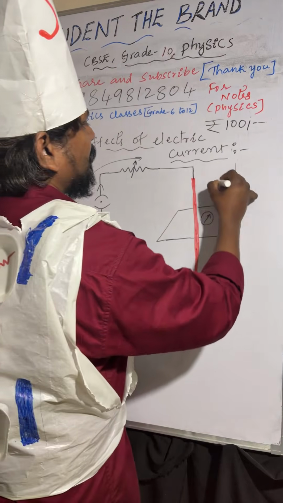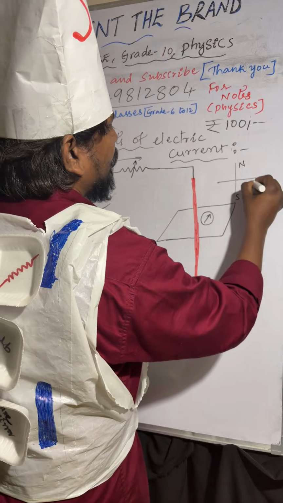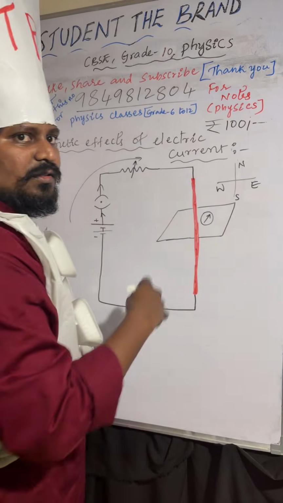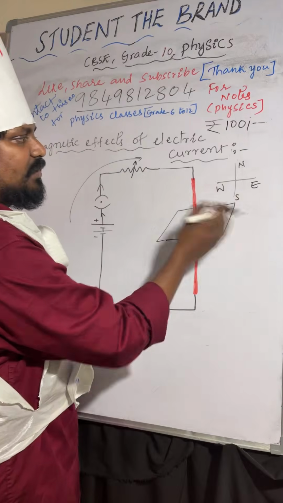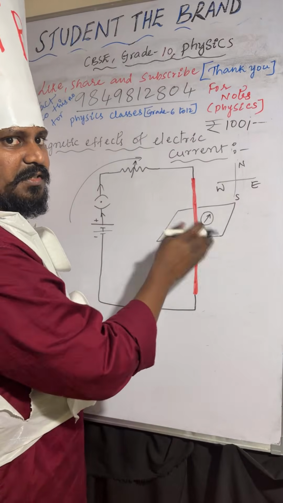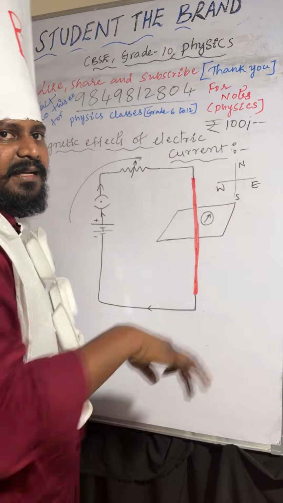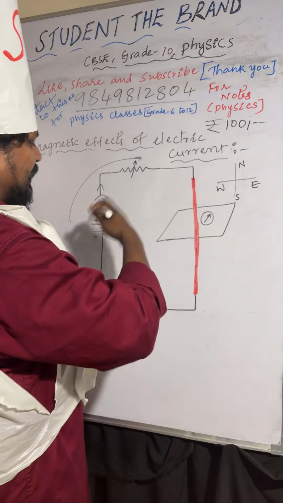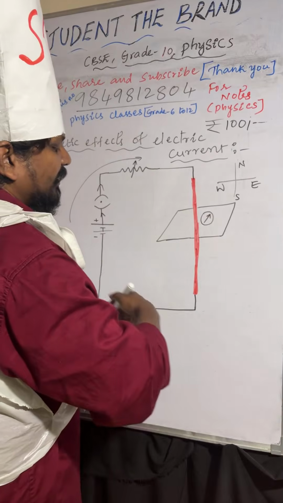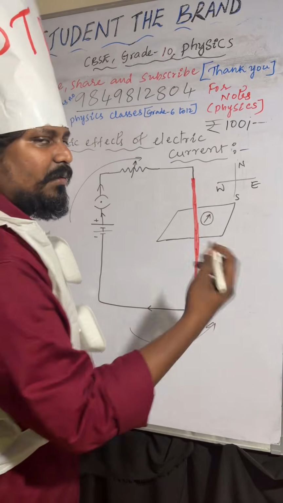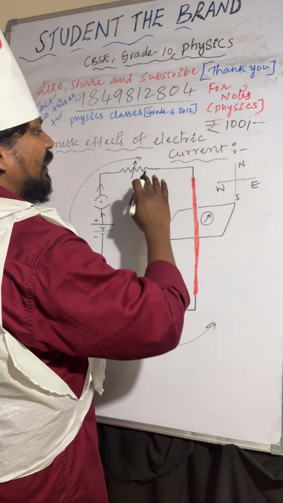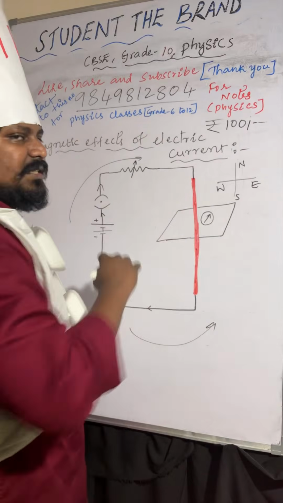So it moves north, south, east, west. The deflection will be towards the east direction. If you change the battery, the current direction will be reversed. Then the deflection will be towards the west.